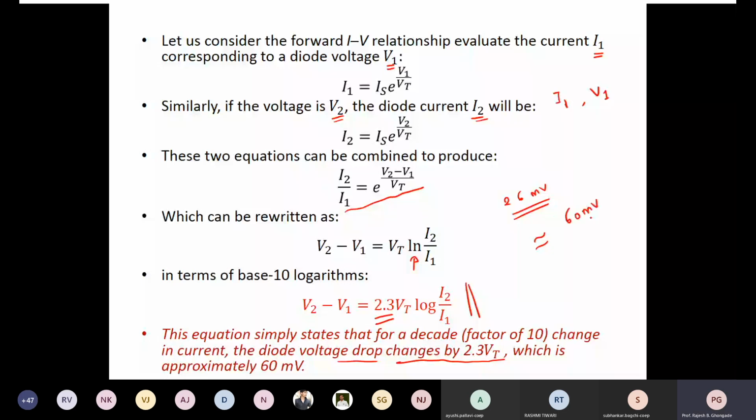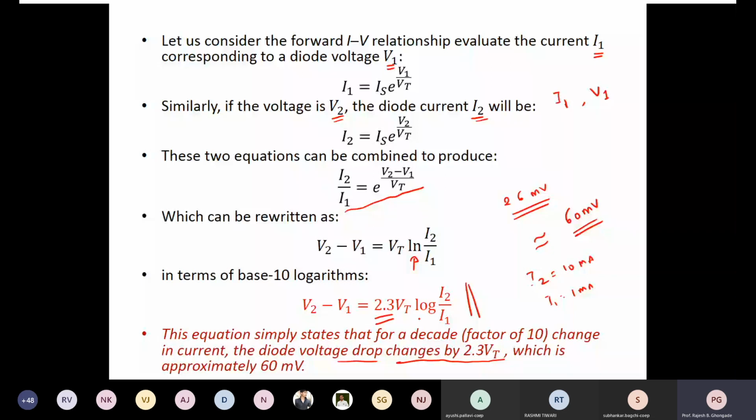Okay. So a very important result we get is that for a decade change in current, what does decade mean? I2 will be 10, I1 will be 1, and so I'll have 2.3 into Vt. Are you getting this? If I2 is 10 milliamperes, microamperes, whatever, and I1 is 1 milliampere, if I take the ratio and the log of that, log of 10 is 1.